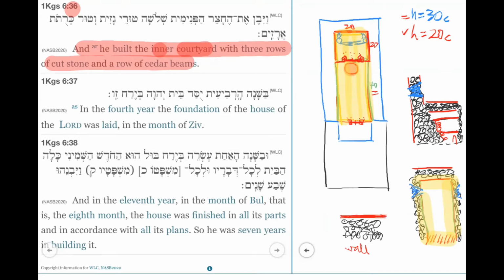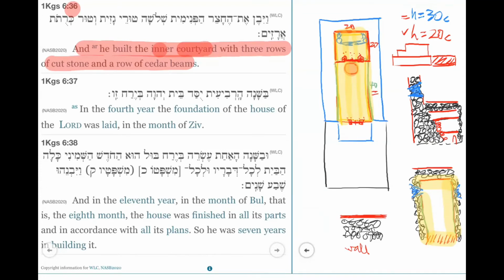So with the picture, you see the side view. The side view would be my view, which we have the chambers, and then we have the wall of the inner court, and then we have the inner sanctuary, which is 20 cubits, and then it rises up to 30 cubits all the way to the front.